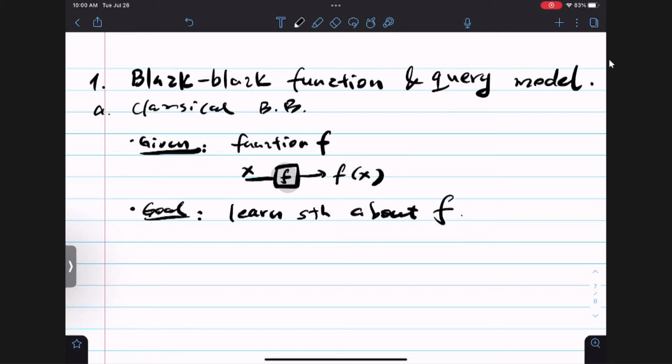So it has d plus 1 coefficients you want to figure out, right? So how many times do you have to query this box in order to figure out this polynomial? Well, this is the famous polynomial interpolation problem. So this is just one example, right?